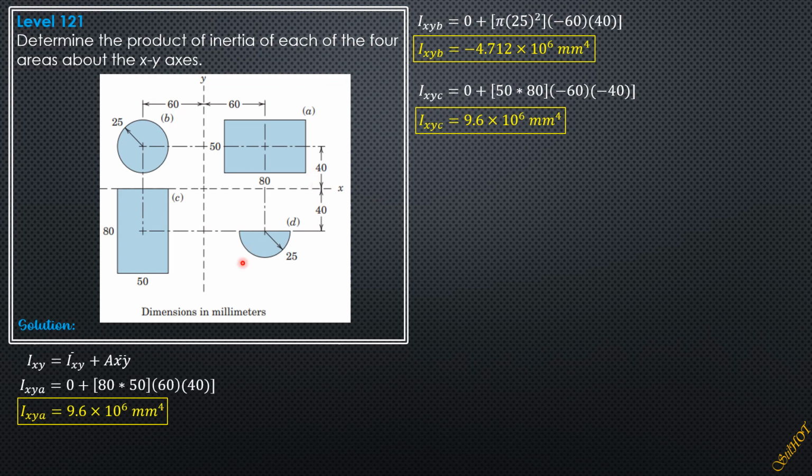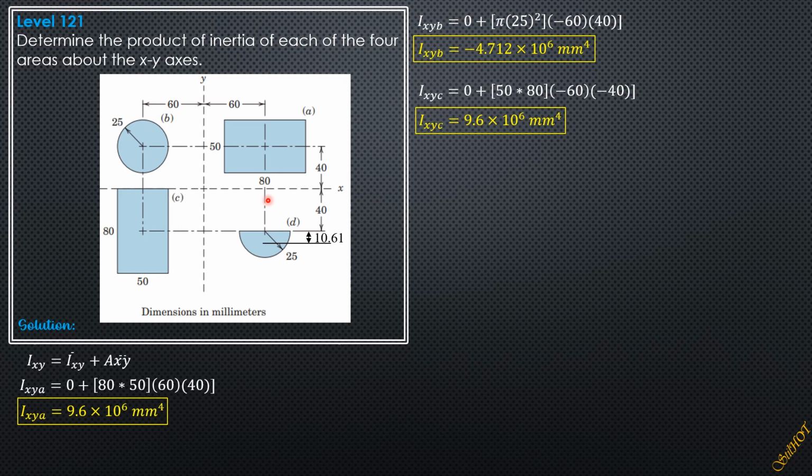Then in part D, with respect to the centroid it is 0, so we need to locate the centroid from the diameter. It is 4 times r over 3 pi. 4 times 25 divided by 3 pi is equal to 10.61 mm. So therefore, the total distance of the point below the x-axis is 50.61 and it is negative.